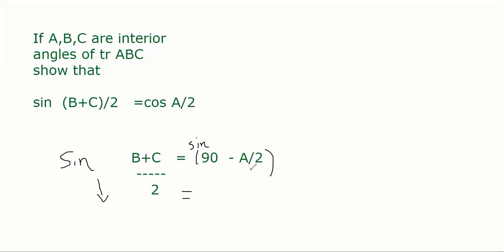What is sine (90 minus theta)? अभी हमने प्रूव किया है, which is nothing but cos of A by 2. हो गया ना प्रूव? Sine of (B plus C) by 2 equal to cos of A by 2. The only main thing we use here is this: sine of (90 minus theta) is cos theta. Any question?